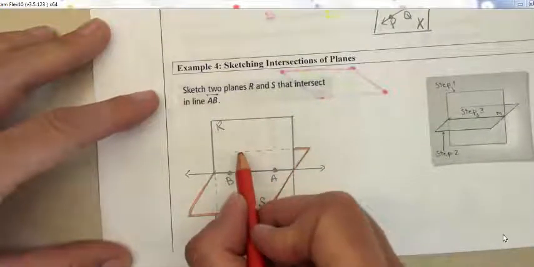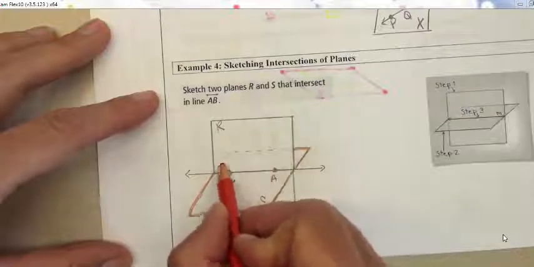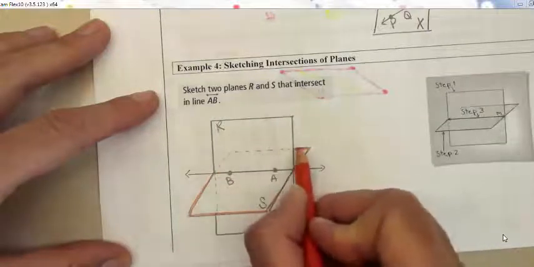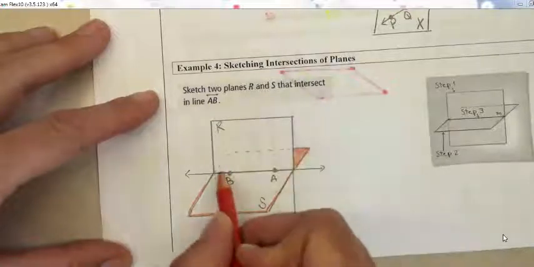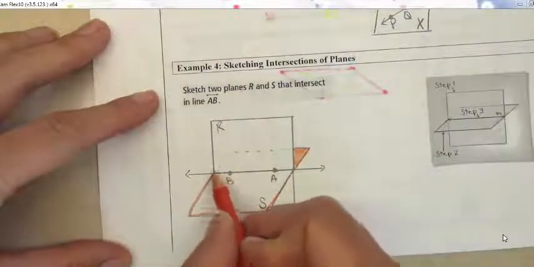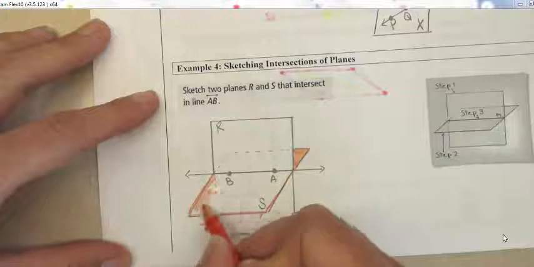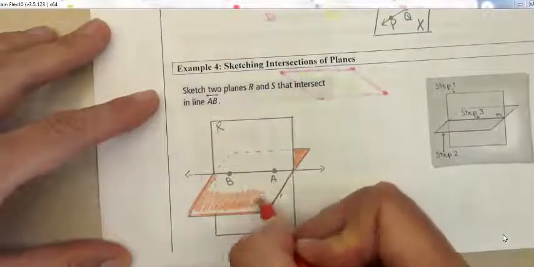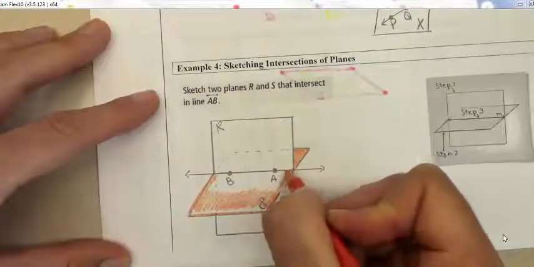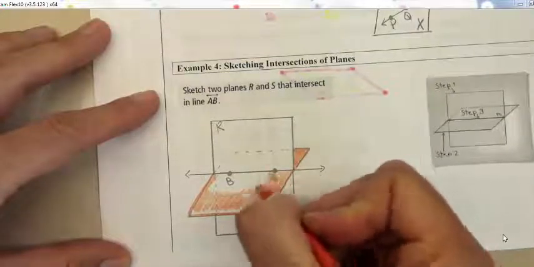So back here, I can't see this dotted area, so I'm not going to color that in. And you can use highlighters too.